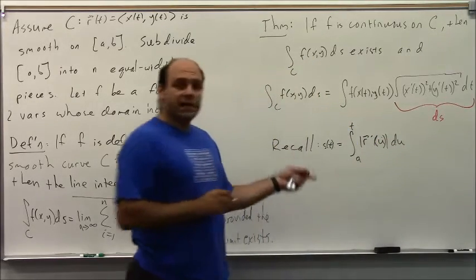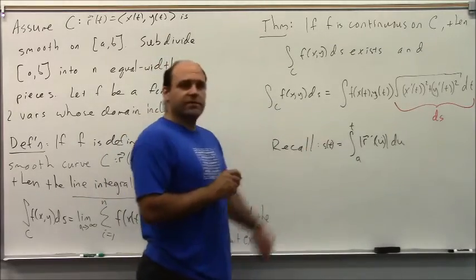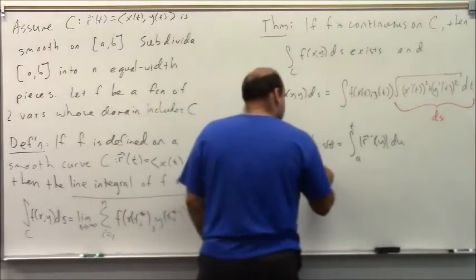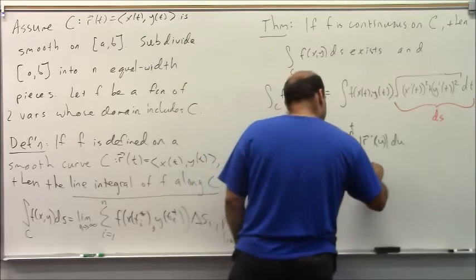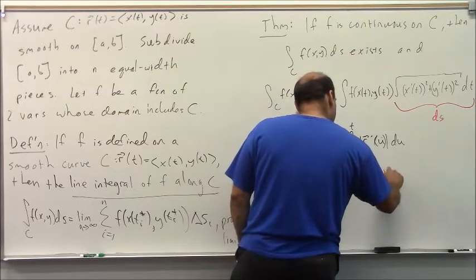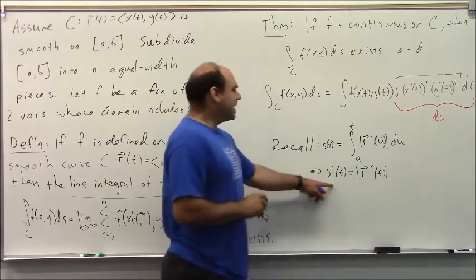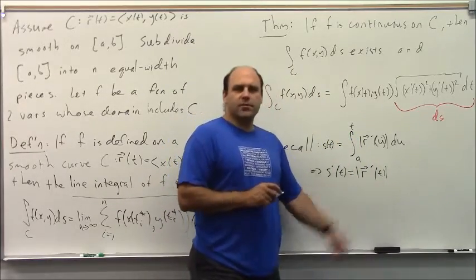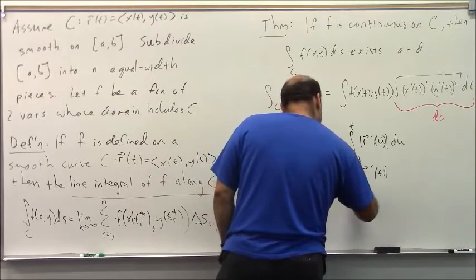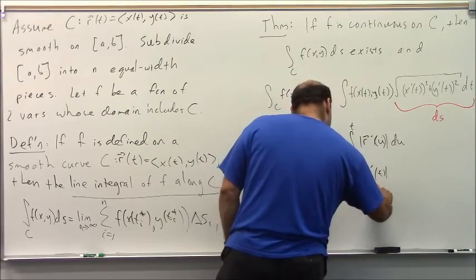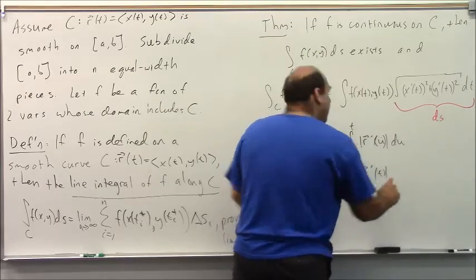That's how we defined the arc length function, s of t. And so using the second fundamental theorem of calculus, s prime of t is just the magnitude of r prime of t. So ds dt is magnitude of r prime of t. So ds should be magnitude r prime of t dt. And that's what we have here.